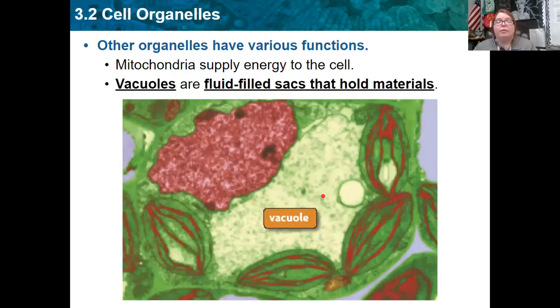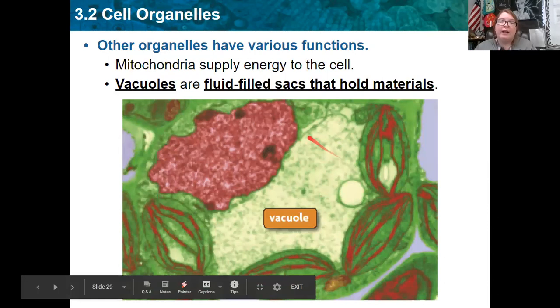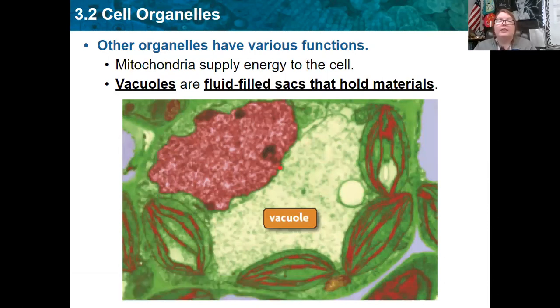Okay, vacuoles. So these are a fluid-filled sac that holds material. This is an actual photograph of a plant cell. This big light-colored area here, that's the big central vacuole. We're going to talk in a second about how that's actually one of the key traits that you know this is a plant cell, not an animal cell, is plant cells have huge water storage containers in them. Huge.